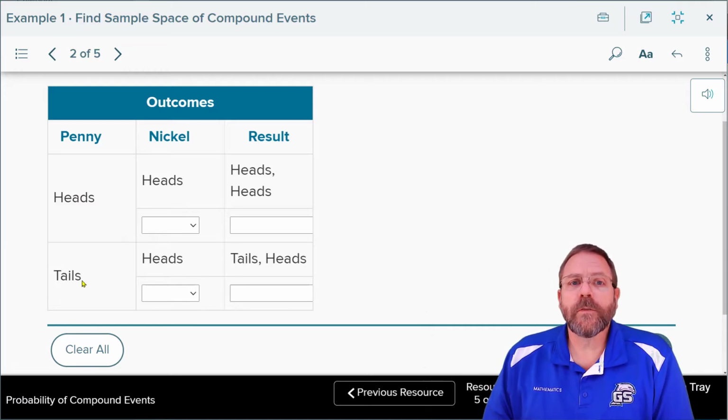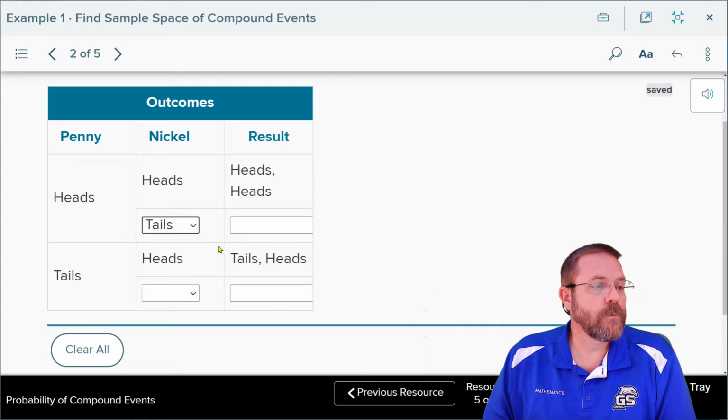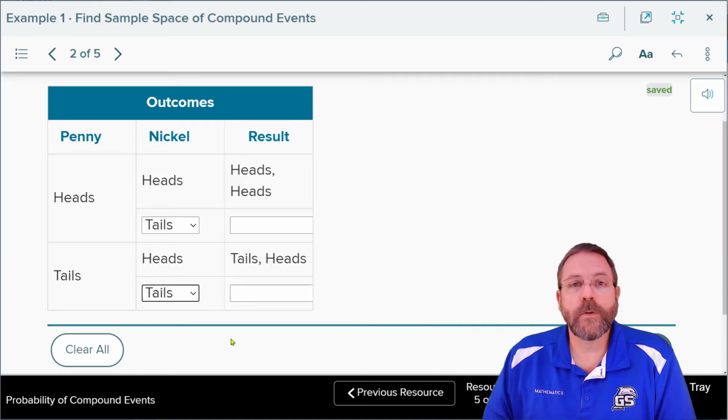Regardless of what you get on the penny, your nickel is going to have the same thing going on. If you got a heads on the penny, that means you could get either a heads or a tails on the nickel. If you got a tails on the penny, that means you could get a heads or a tails on the nickel as well. So if you follow it out, you would have heads, heads, which gives you heads, heads right here.